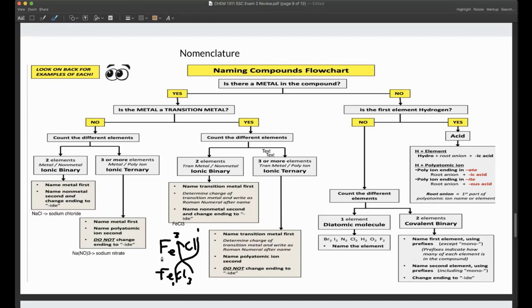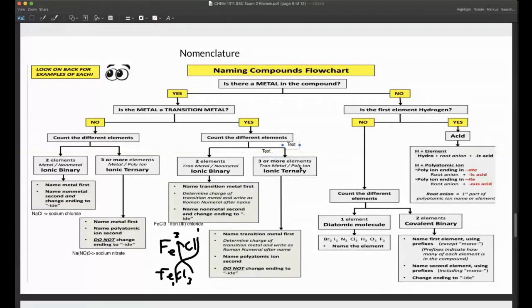So we know that the oxidation state for iron in this case is 3, and the one for chloride is 1. The chloride one you can kind of deduce because it's in group 7, so it has a -1 charge. So going back to our problem, we have iron 3 chloride.